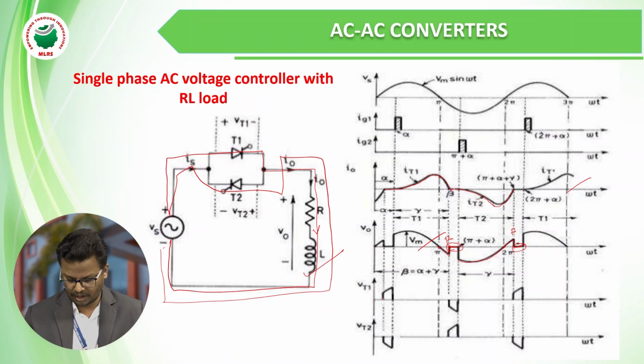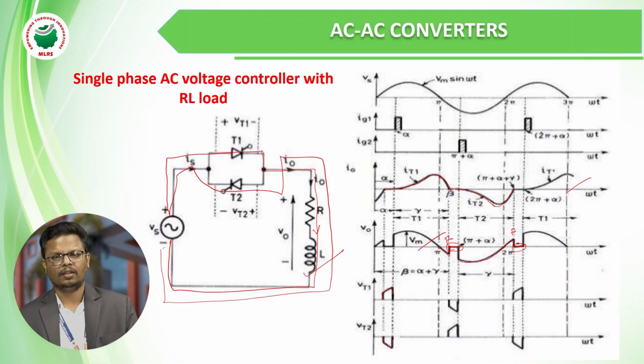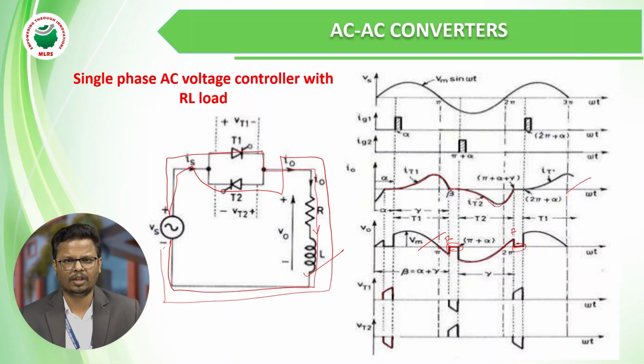Here we can observe the waveforms. At pi, we give a trigger pulse for a switch, and it starts conduction. When it starts conduction, the source voltage appears at the load as the output voltage, so the voltage across VT1 is 0. Why?